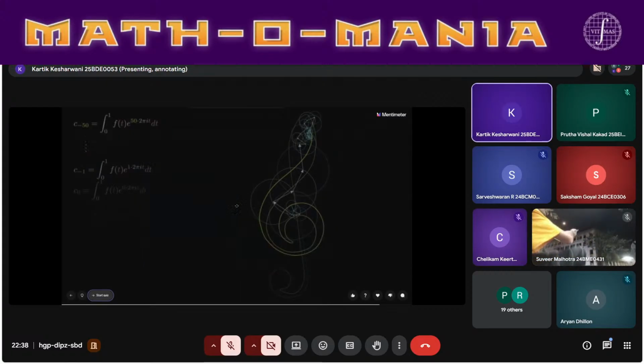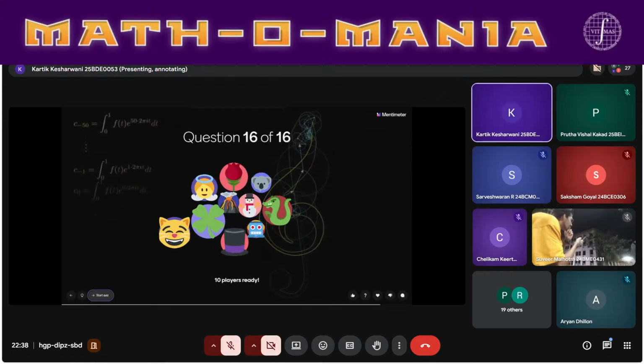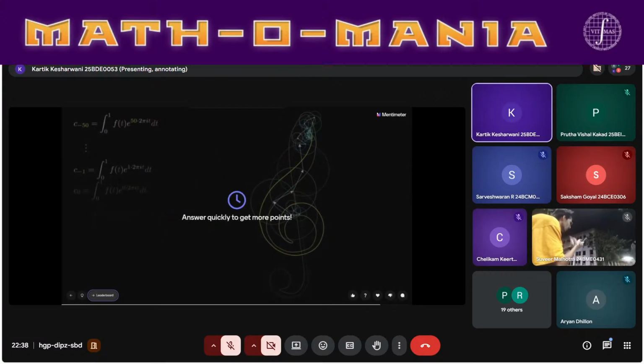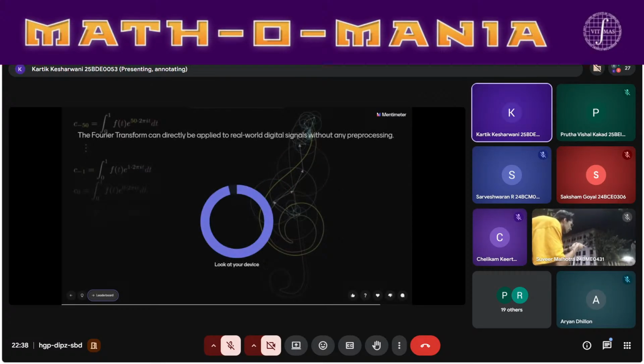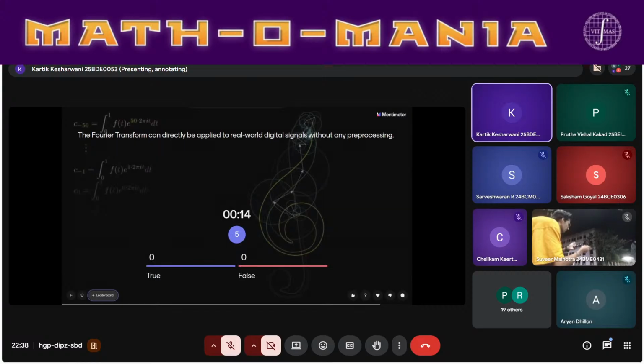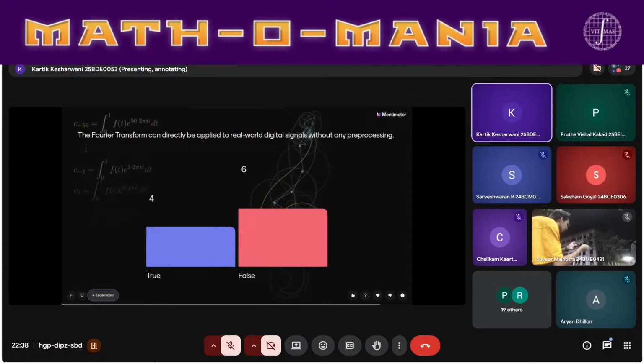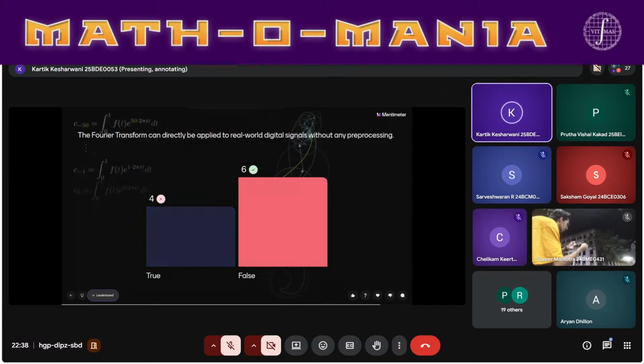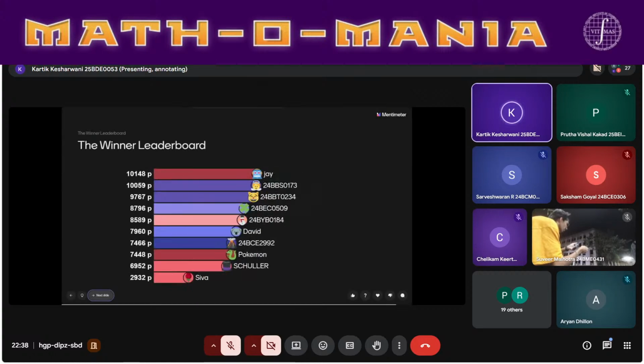To the next question. The Fourier transform can directly be applied to real world digital signals without any pre-processing. Okay. And then these are the leaderboard.